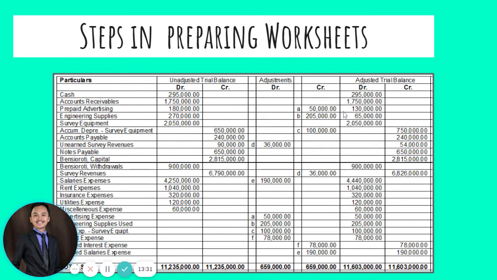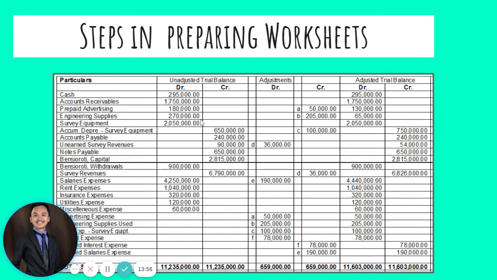And then you put it on which side? You put it on the side where it is higher. Since our debit side is higher, we put the 130,000 balance on the debit side, okay? So that is why we have a debit of 130,000. Okay, so that's for our prepaid advertising.